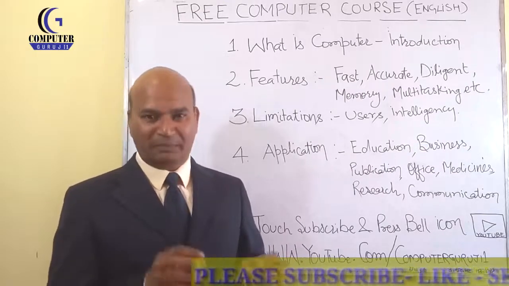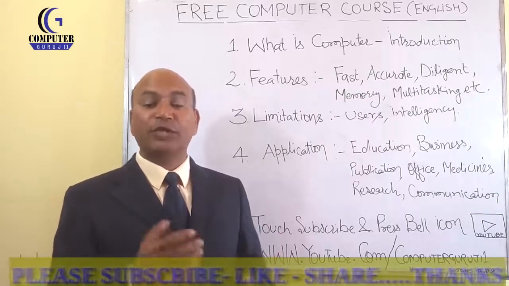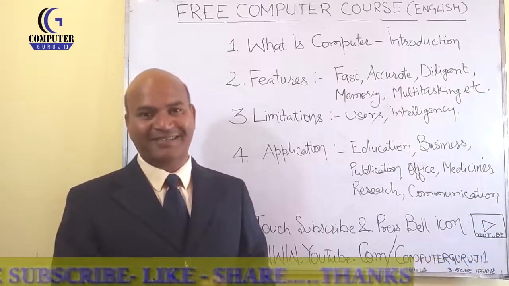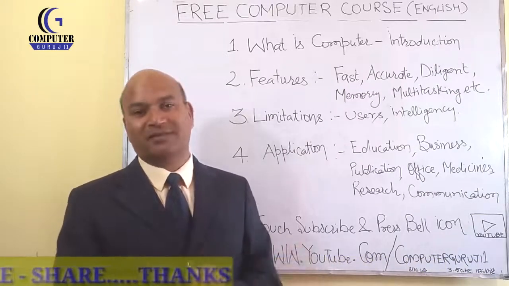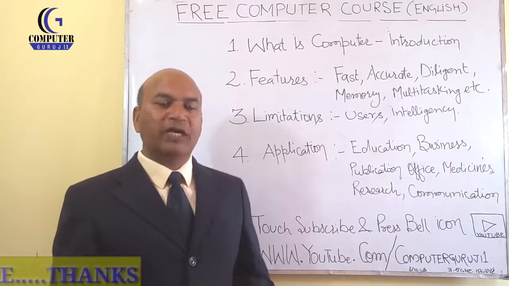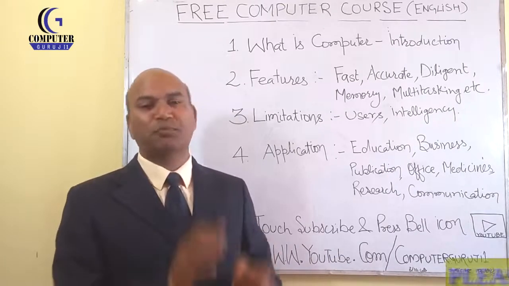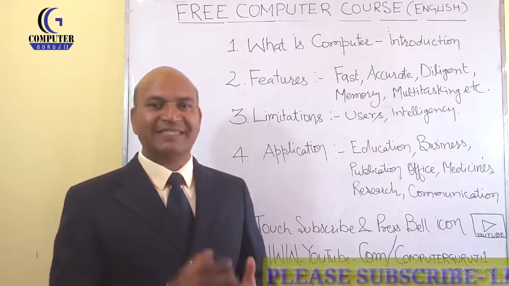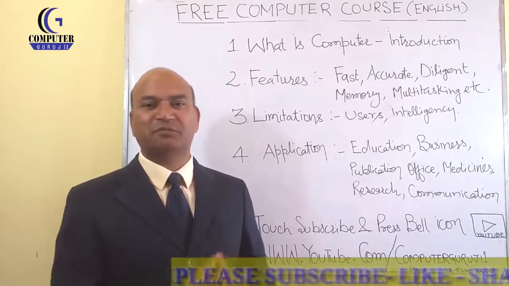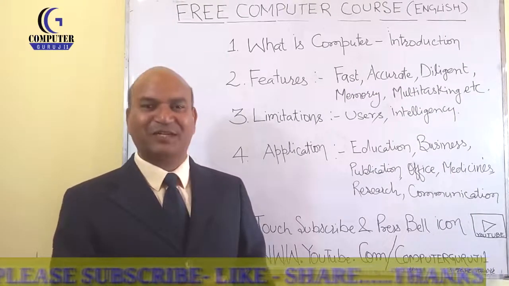But now, in the present scenario, the speed of the processor is more than 3.5 GHz, and 1 GHz is equal to billions of pulses per second. So the first and most important feature of the computer is its speed. These days computers are very high speed, more than 3.5 and 4 gigahertz.